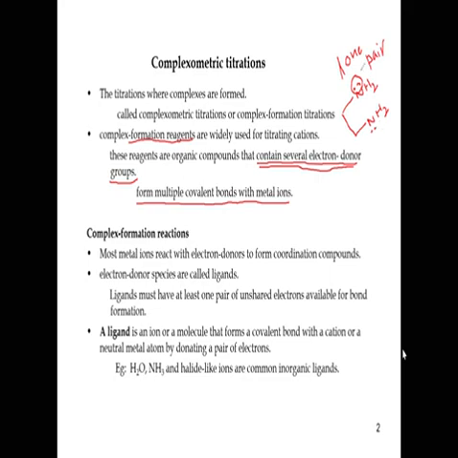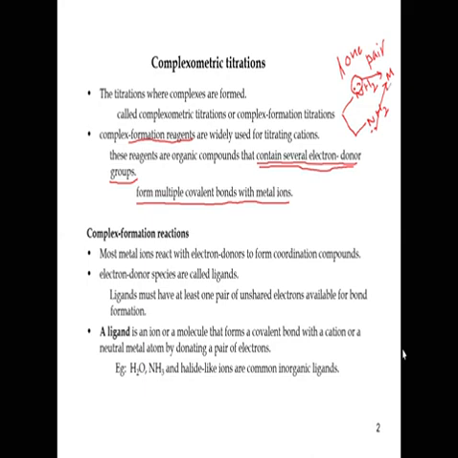So with the metal ion, if you have the metal ion here, just put M, it can make a bond with this one and this one, like this, right? Both the electrons are from the reagent, not from the metal ion, right?